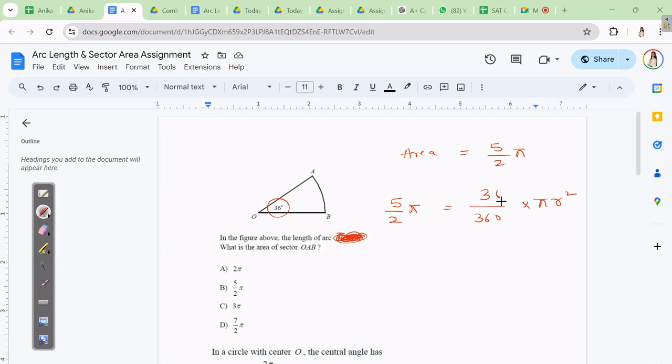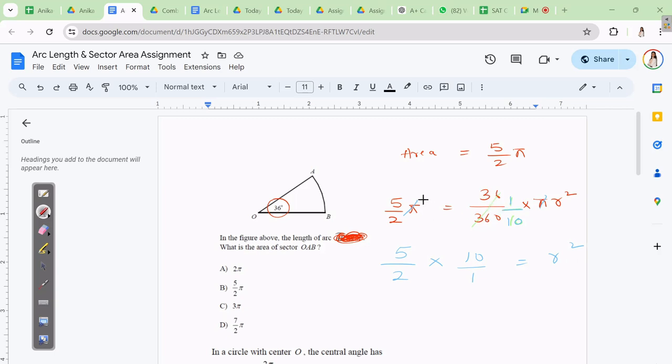Okay, so again you will simplify this. This will be 1/10. Pi will get cancelled from both the sides, and you just cross multiply. 5 over 2 times 10 over 1, this is equal to r square. So what did I do?